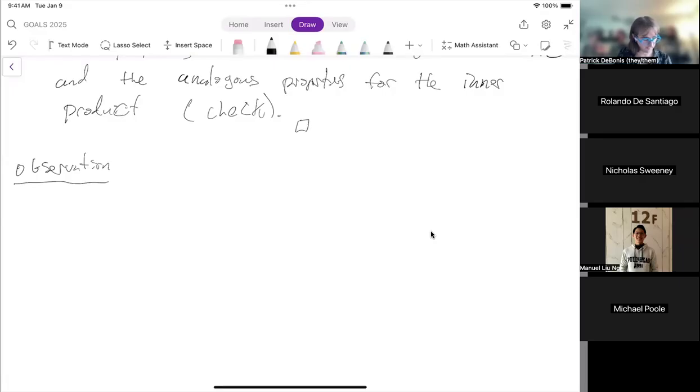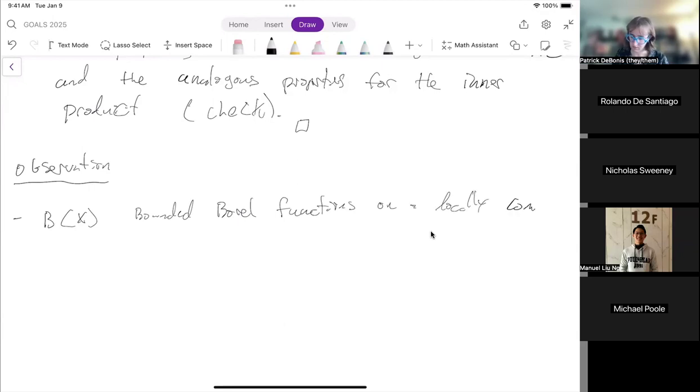We want to think about bounded Borel functions on a locally compact Hausdorff space X. These are functions from X to C, and this is the infinity norm.